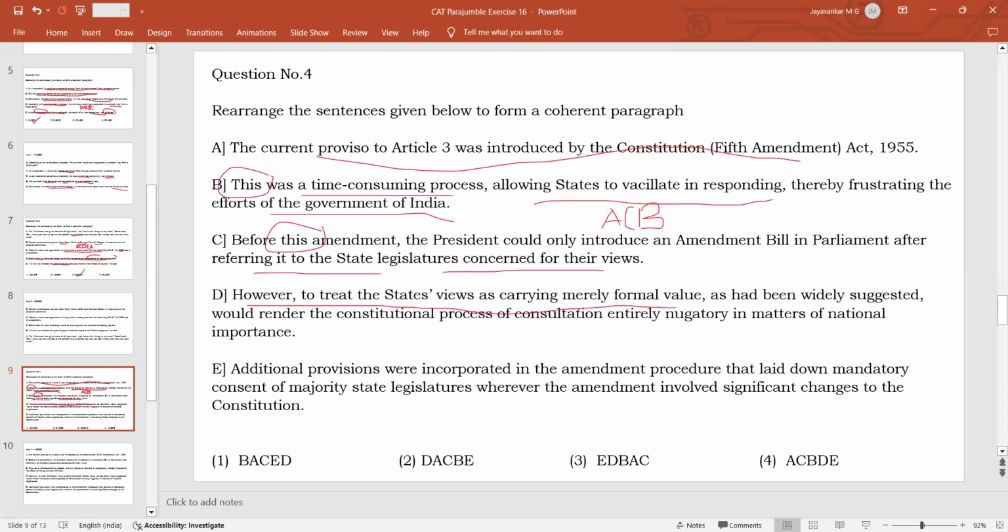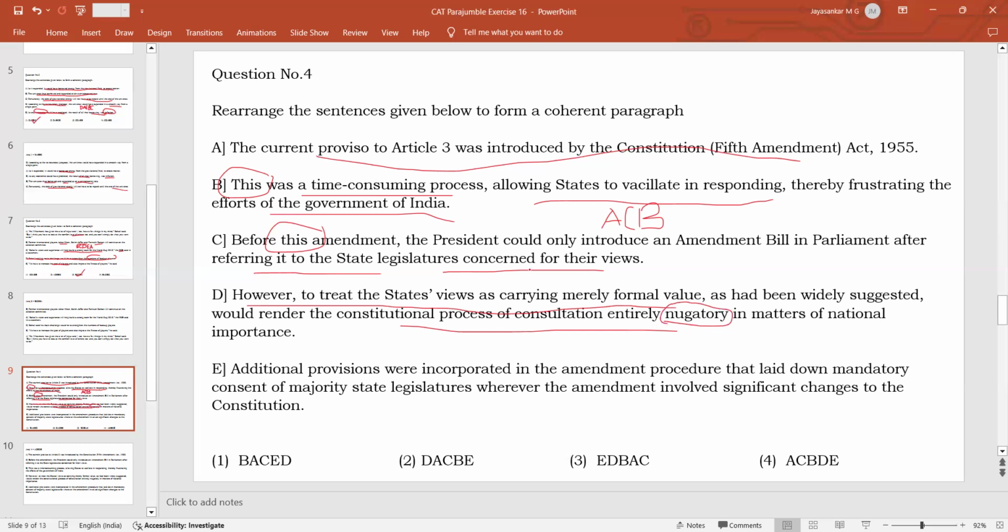But if you take it as a merely formal thing, or if you think that the state's views are not really important and only formal value is there, as had been widely suggested, it will render the constitutional process of consultation entirely nugatory. Nugatory means without any value or entirely meaningless.